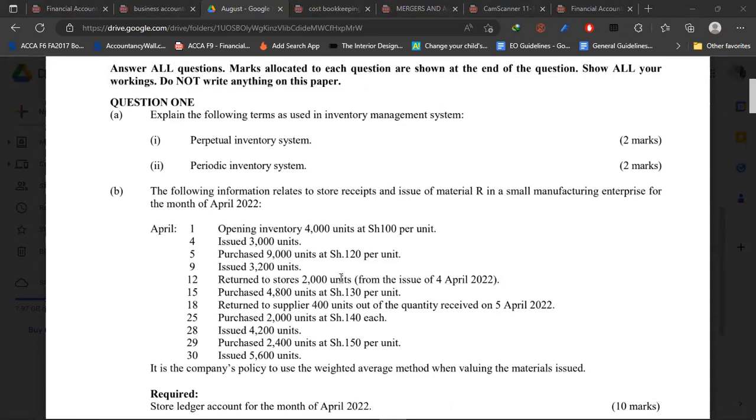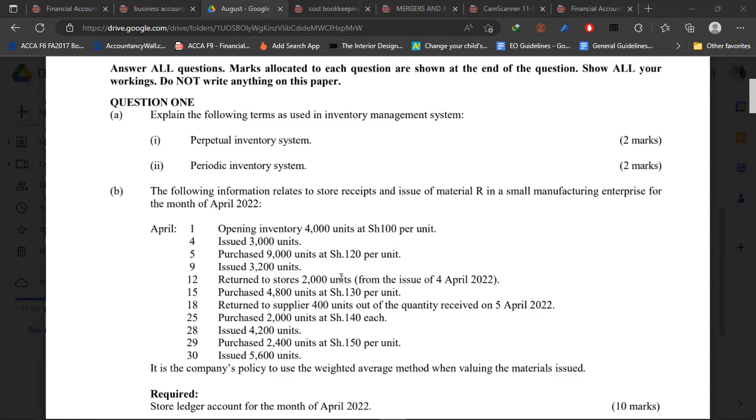Purchased 9,000 units at 120 per unit. Then 200 units issued. There were returns to the store, 2,000 units from the issue of 4th April. Purchased 4,800 units at 130 per unit. There were returns to supplier of 400 units out of the quantity received on 5th April 2022.